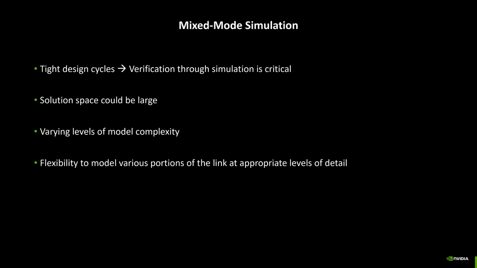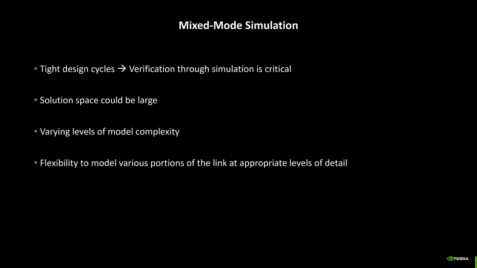Now I'll walk through an example, but the solution space could be pretty large. It could be applicable to any kind of memory interface, or any interface. So the solution space could be large, and then you would have varying levels of model complexity.